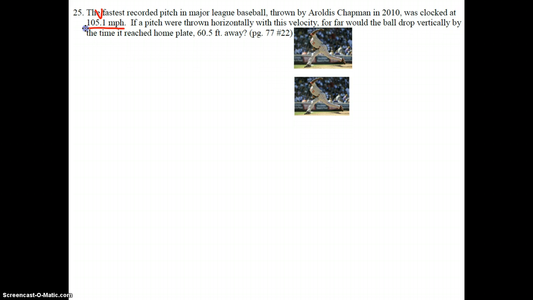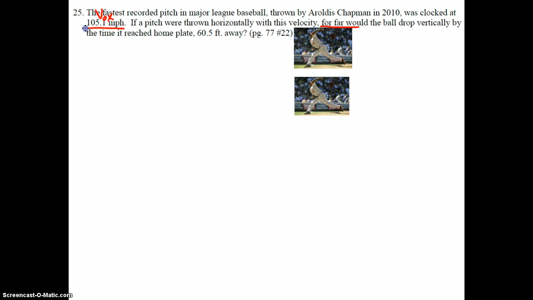It says, if a pitch were thrown horizontally with this velocity. That means this speed is an initial speed in the x direction, so we'll call it VOX. I think that's supposed to say how far would the ball drop vertically?